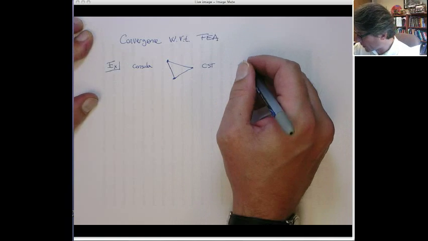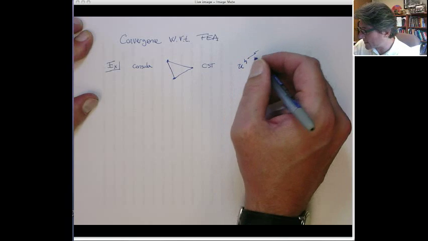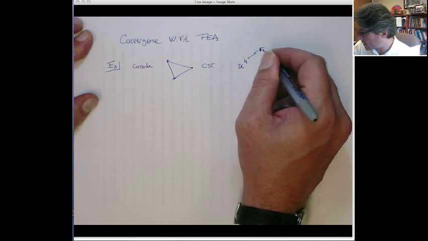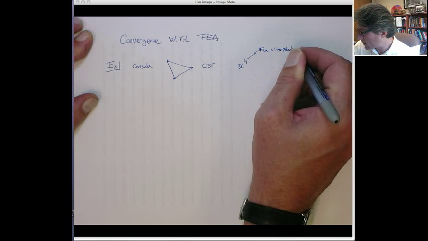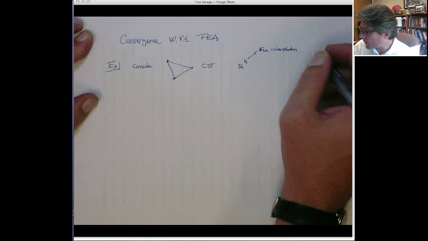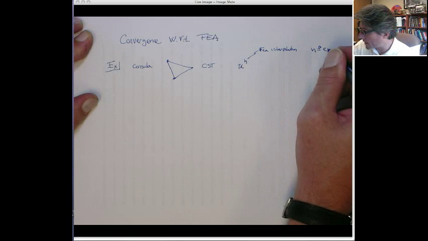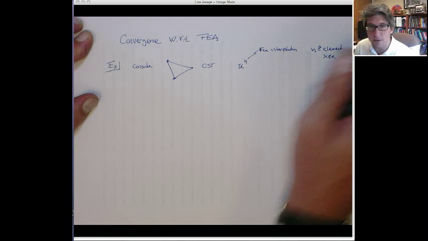So the displacement, I'm going to put a superscript S to denote that this is an approximation. This is the FEA interpolation, okay? And usually it's a function of H, where H is kind of thought to be related to the element size. So H refers to the size of the element.